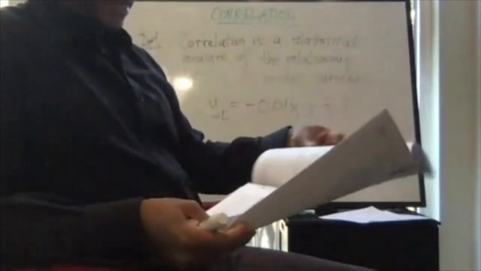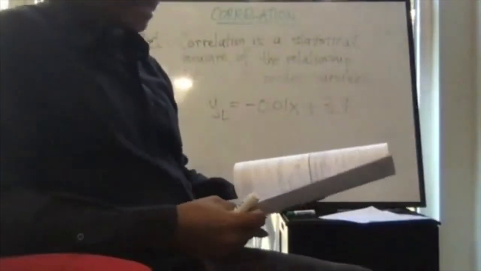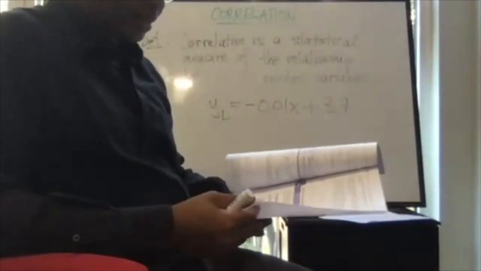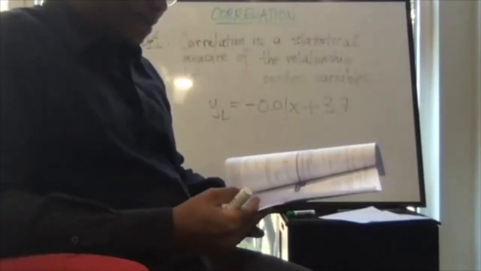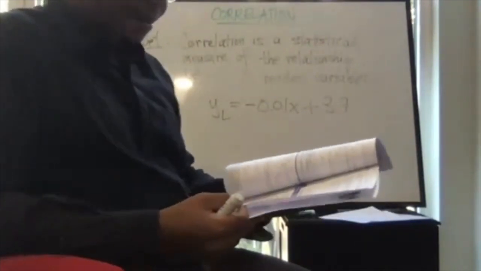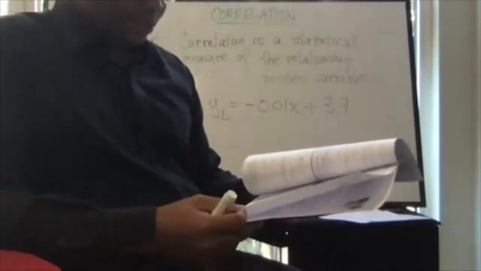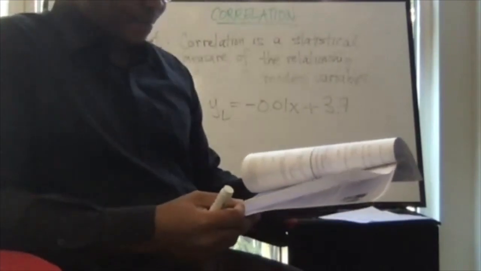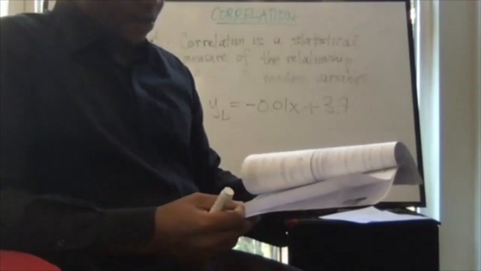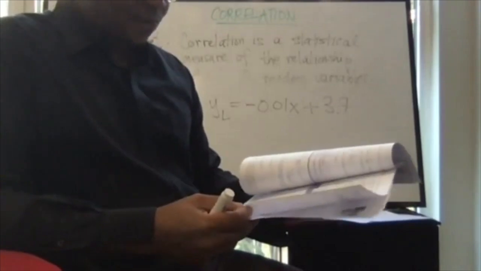Now, this is on page 305, if you want to take a look at this. Look at page 305. It discusses R as something called the linear correlation coefficient. That's another term they have for it. Notice there on page 305, at the bottom in the little box, they define correlation. They say it's between -1 and 1.